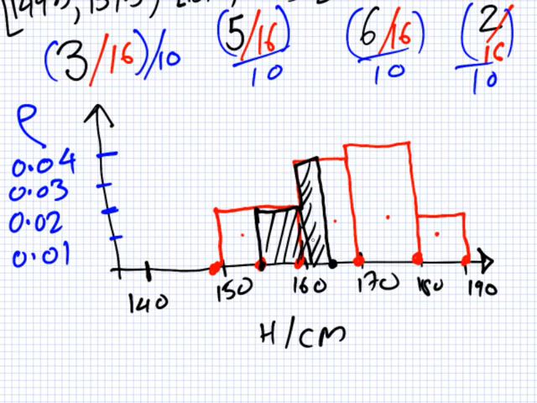What did you get, Fahad? 0.4685. For the first one? Yeah. Keep that on the calculator. What did you get for the second part? 0.15625. Alright, add that on. 0.625.